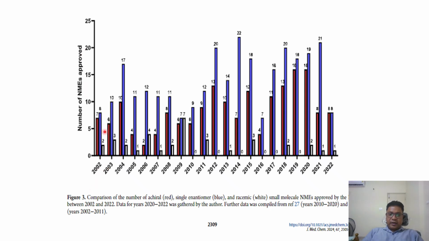The red one is the achiral one, the blue one is the chiral molecule, and the white one is the racemic mixture. Every year, mostly the blue, the chiral or enantiomer-pure molecule, is marketed. Racemic compounds came in very small numbers, one or two. So the FDA is approving chiral compounds to be marketed as a drug molecule only in enantiomer-pure form.